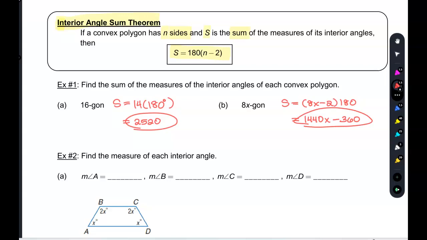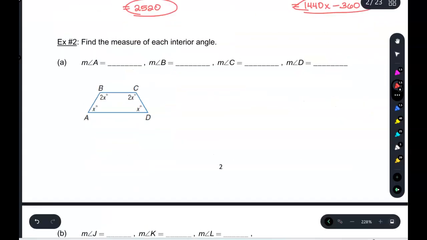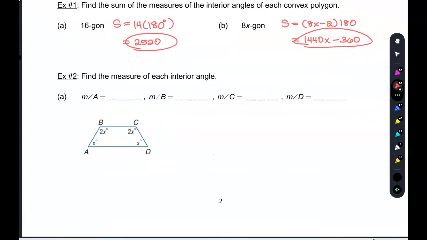So 8x is the number side, so 8x minus 2 times 180. All right. Find the measure of each interior angle. We can't do anything else with that.